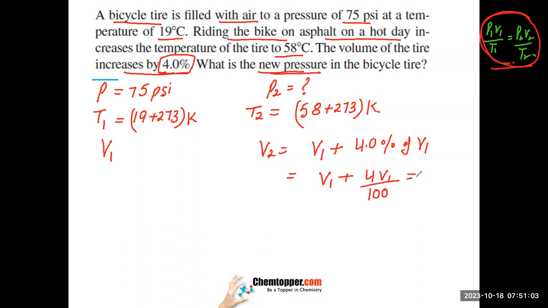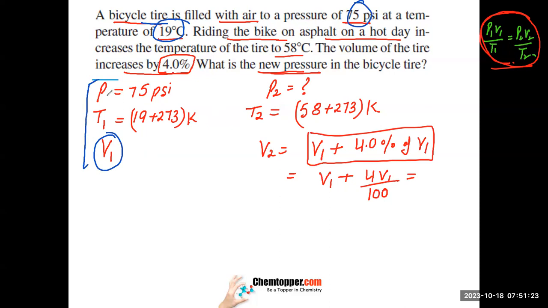So how much is this, Arjun? Children, are you getting this? Read the line carefully. They have not given me the volume of the tire tube. So I assume the volume is V1 initially at this temperature and at this pressure. This is the condition P1, T1, V1, right? Now they are saying the volume is increased by 4%, means the new volume V2 is V1 plus 4.0% of V1.